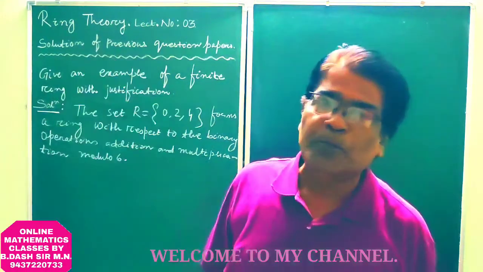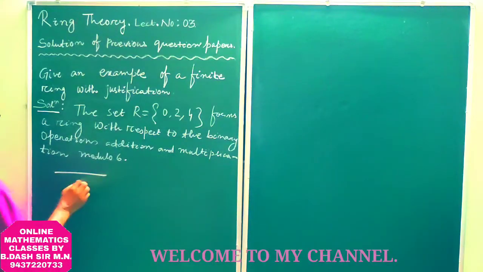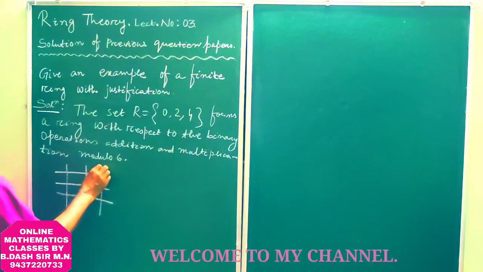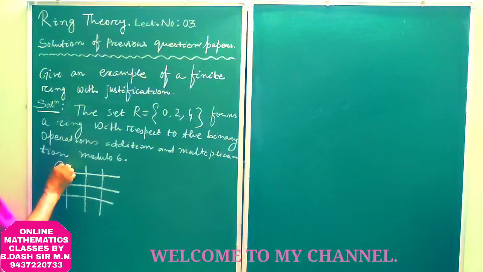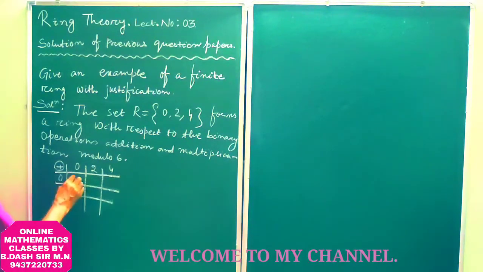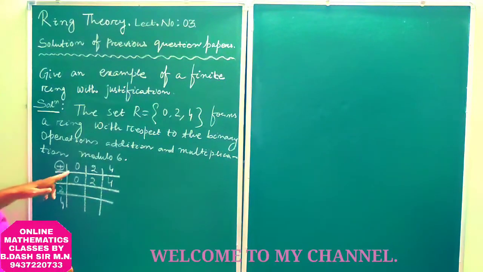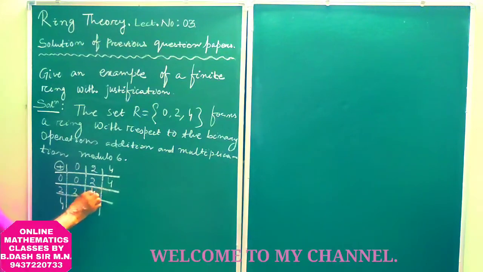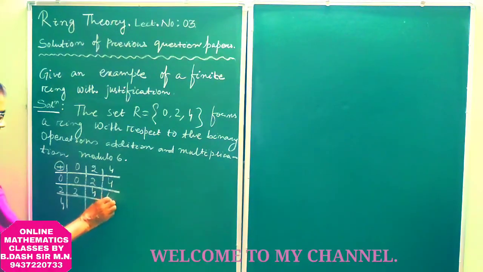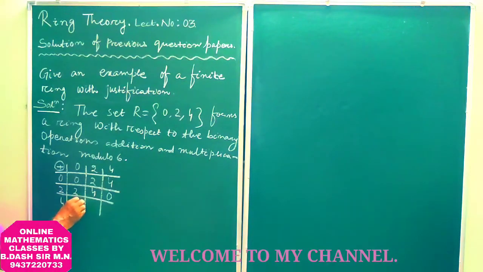Let us consider the composition table. Now 0 plus 0, 0; 0 plus 2, 2; 0 plus 4, 4; 2 plus 0, 2; 2 plus 2, 4; 2 plus 4, 6, it will be 0 because 6 minus 6, the remainder is 0. 4 plus 0, 4; 4 plus 2, 6, it will be 0. 4 plus 4, 8, so here it will be 2.